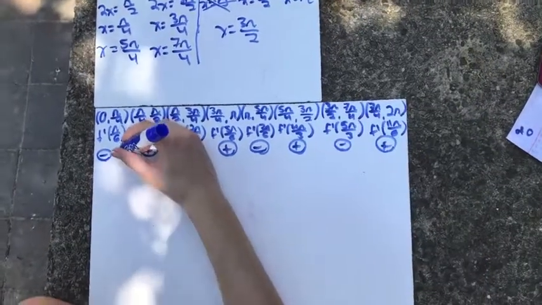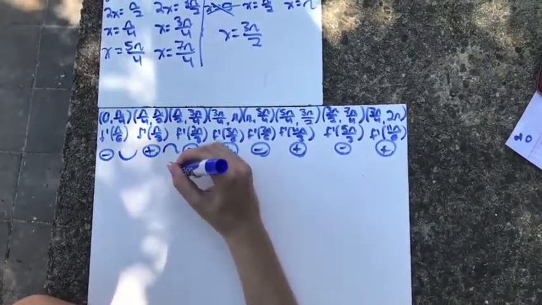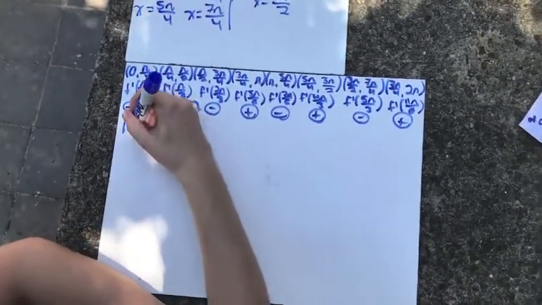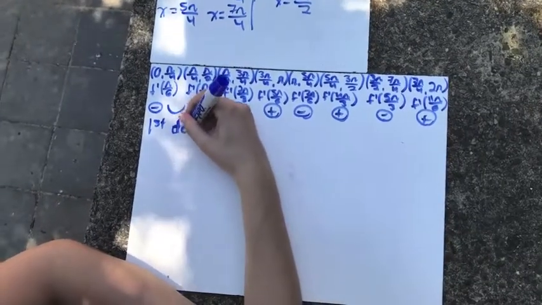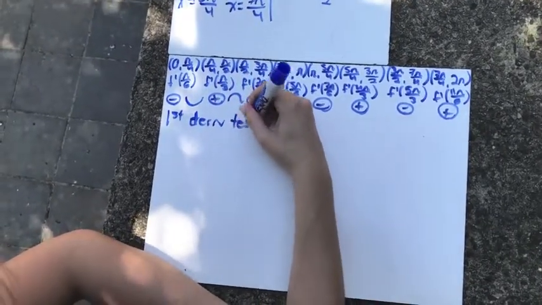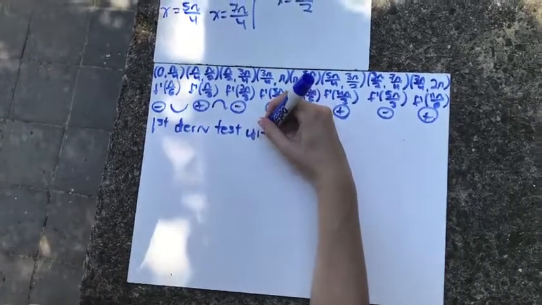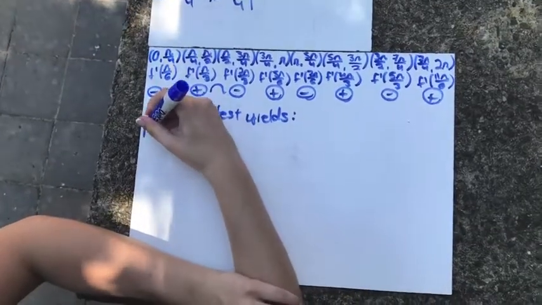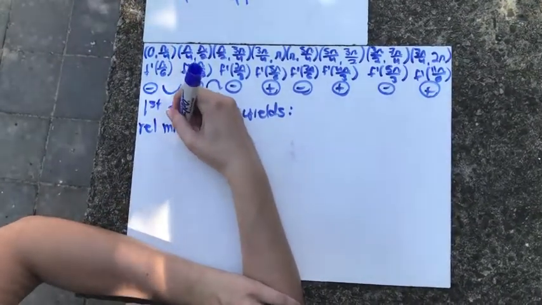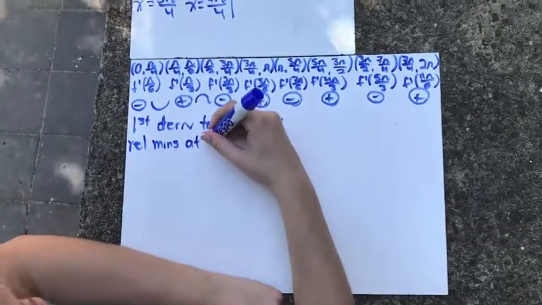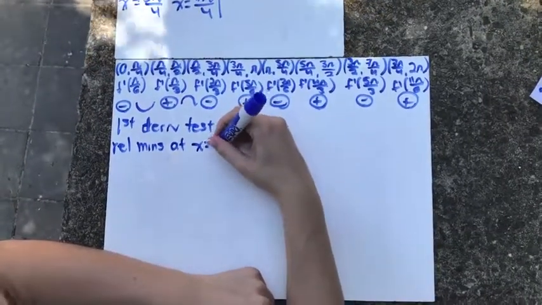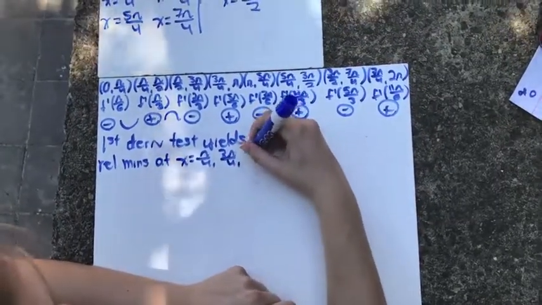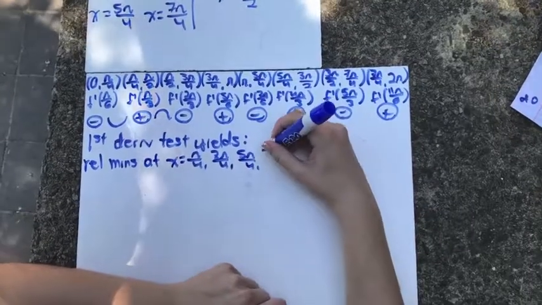So from here, we can tell if it's a relative min or a relative max. So, by the first derivative test, it yields relative mins at x equals pi over 4, 3 pi over 4, 5 pi over 4, and 7 pi over 4.